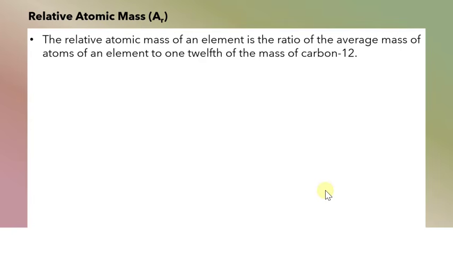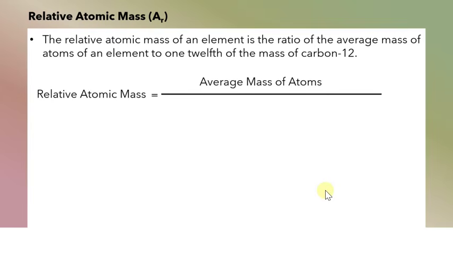Putting it in a formula, relative atomic mass can be written as the average mass of atoms of a particular element over 1/12 of the mass of carbon 12. Now this is going to make sense very soon.